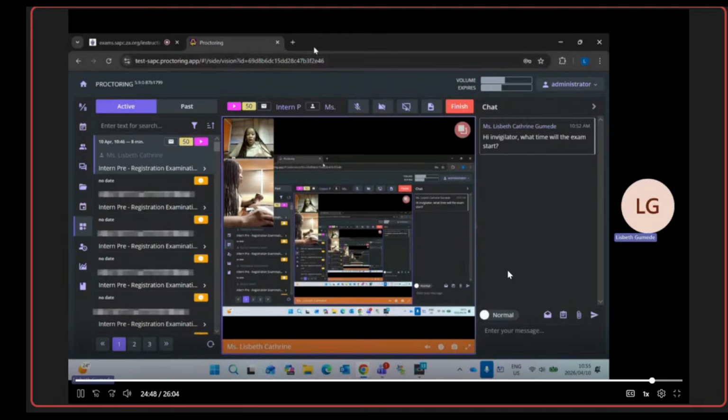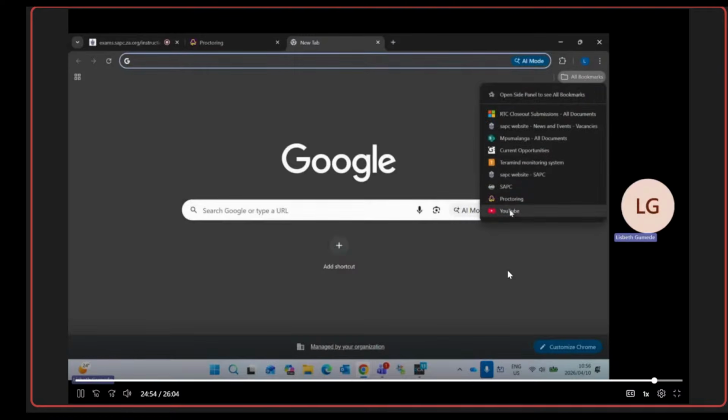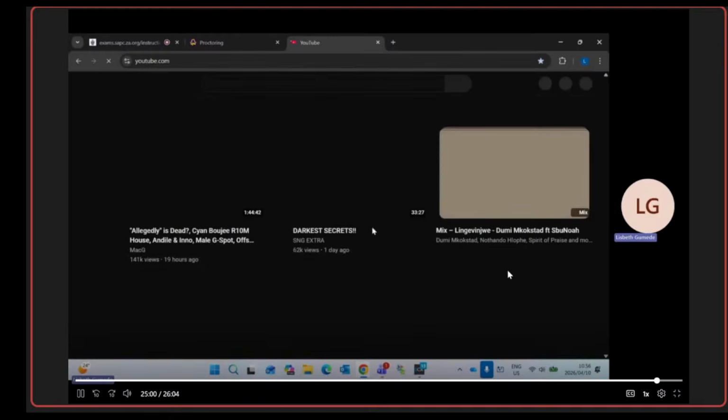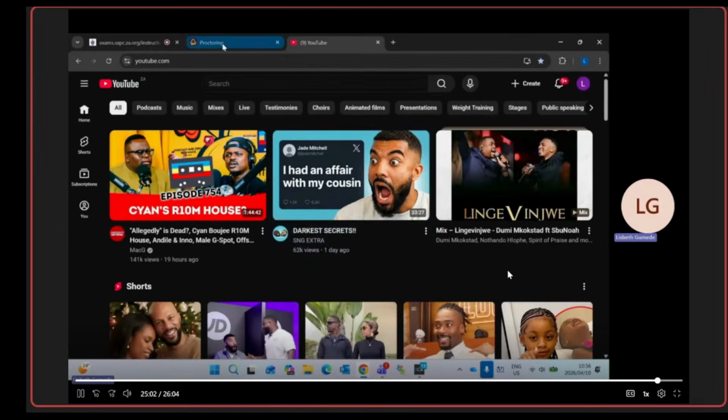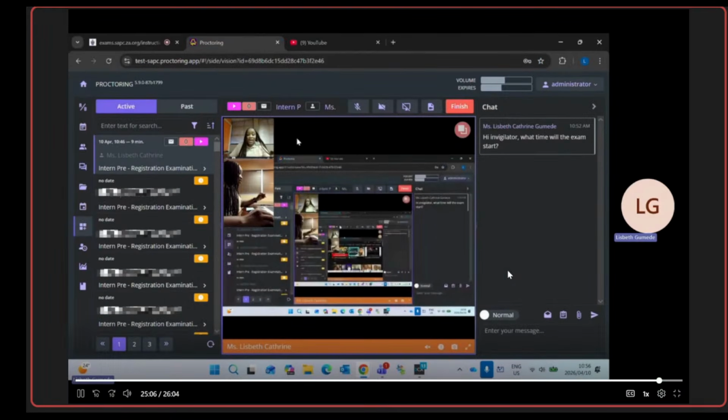So if I were to open, for example, another tab, let's say YouTube for whatever reason. As long as I am on this tab, they will then be able to see. So as you can see, they were able to see that I was on YouTube briefly, right? And then when I close my YouTube, you can see that also on the screen, the YouTube disappears.